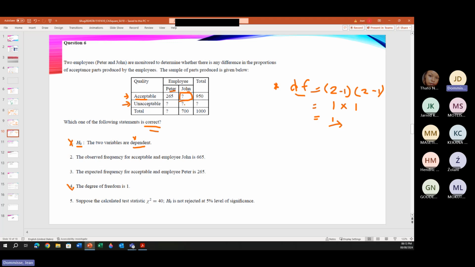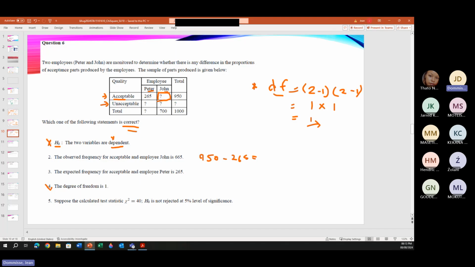We get that value by saying 950 minus 265, which is equal to 685.